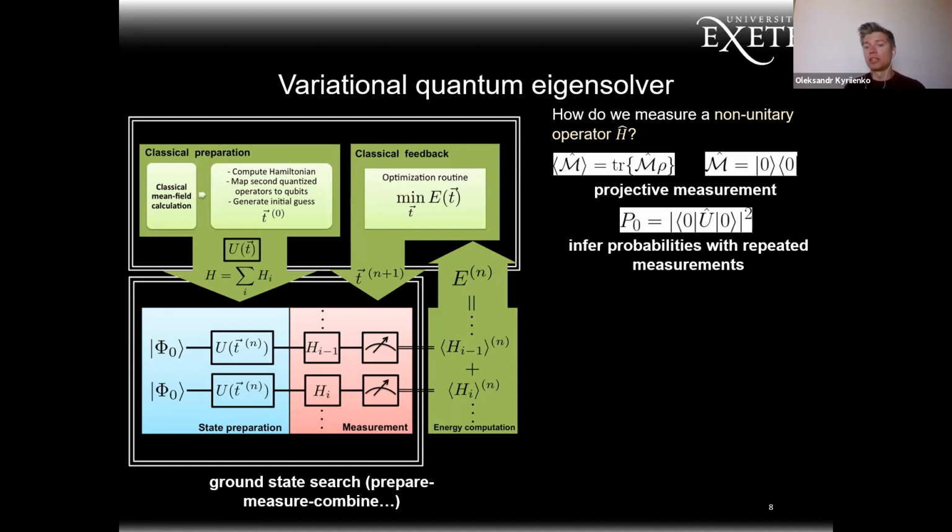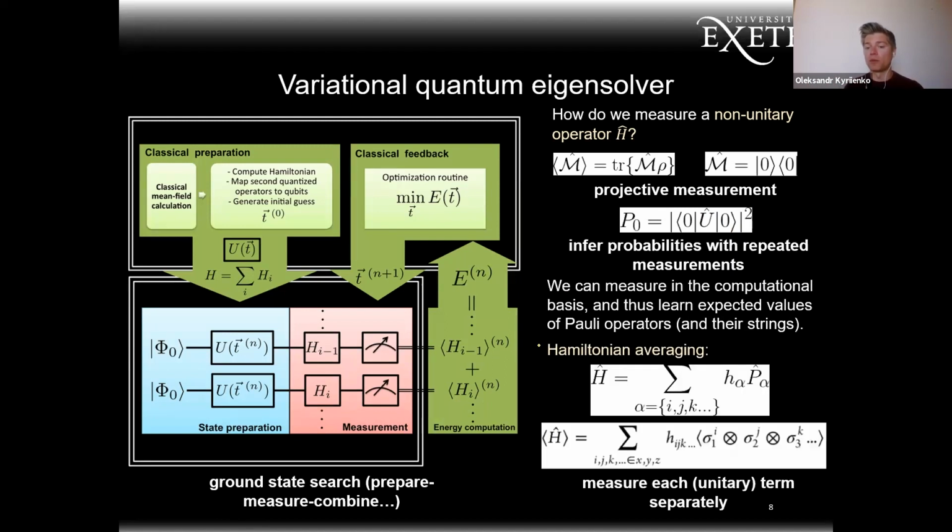Each can be measured individually, and you will do so-called Hamiltonian averaging procedure. You will have coefficients in front. You know how to implement Pauli strings. You just need to measure over all strings. So that's the procedure you need generally to do for variational quantum eigensolver, and I will show how we can do it differently in the future.